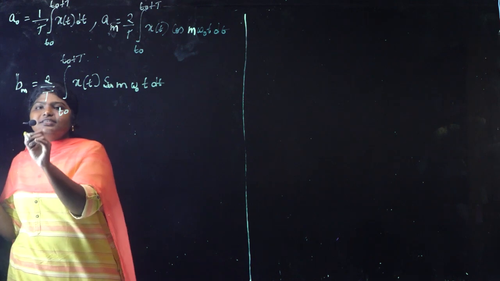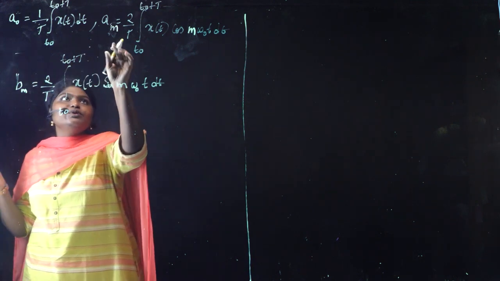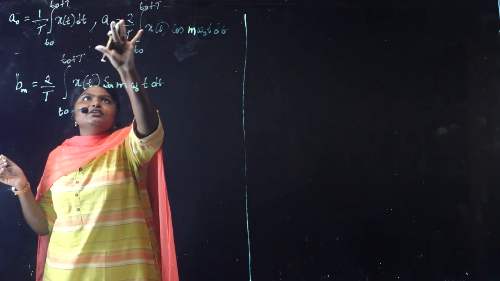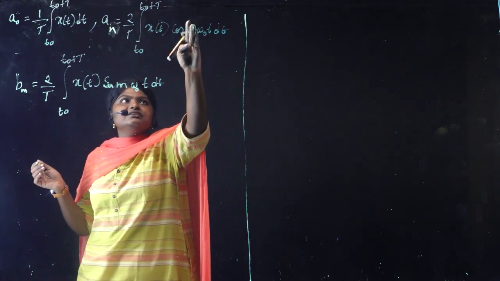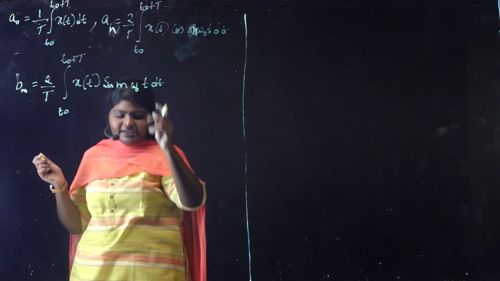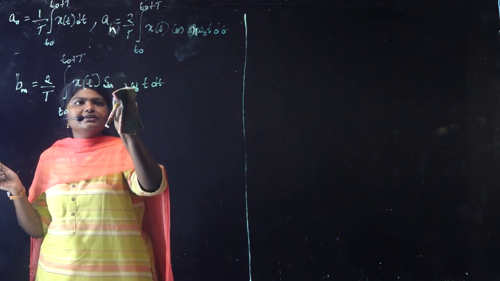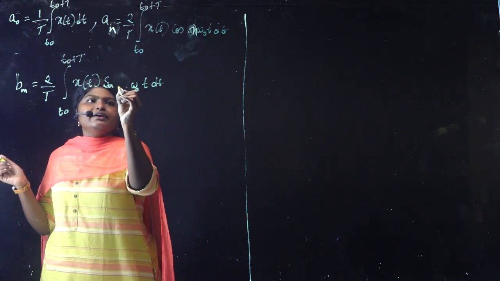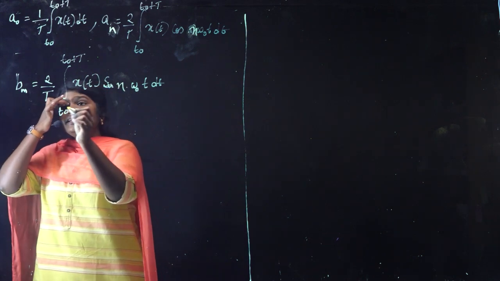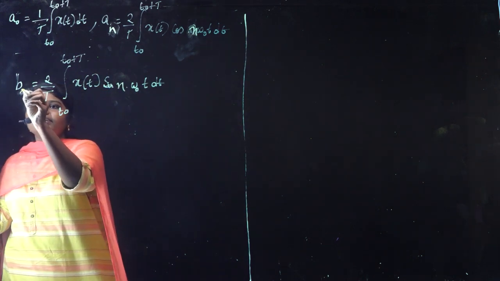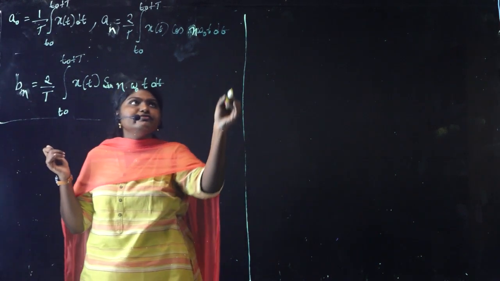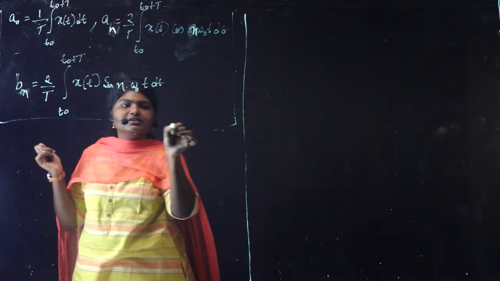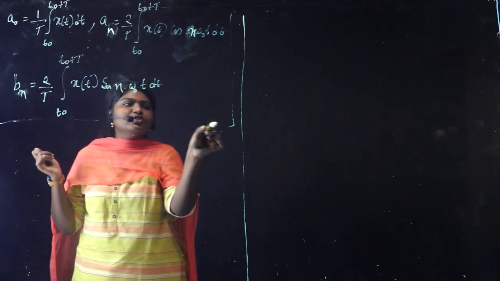So this a naught is a naught, here we can change this value to a n, and similarly this will be b n. Using these coefficients, we will try to solve a problem.